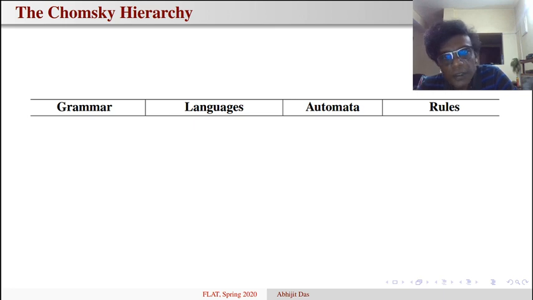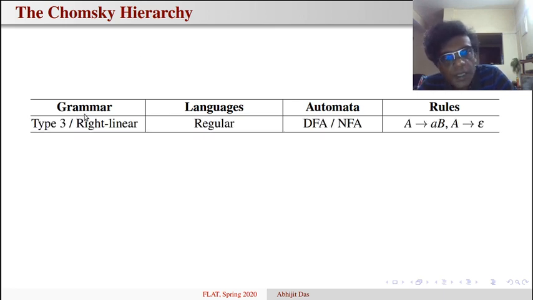So first, type 3 grammars, they are also called linear or right linear grammars. They are equivalent in expressive power with regular languages, which in turn are equivalent to finite automata. So whether deterministic, non-deterministic, you add epsilon transitions, they are the same.